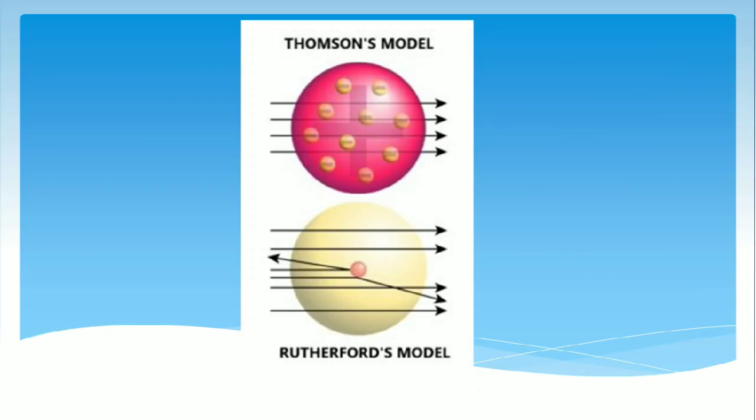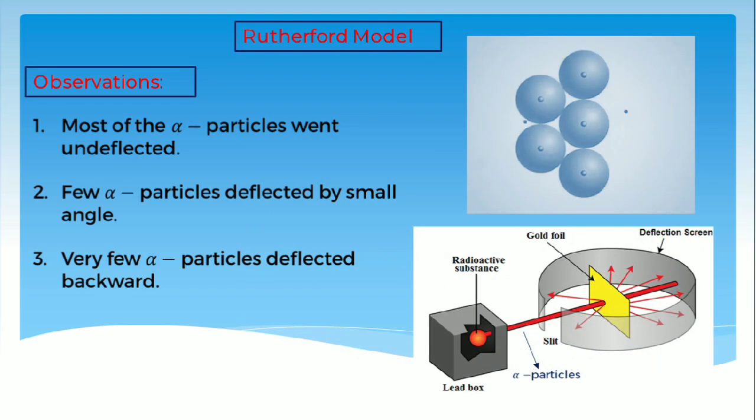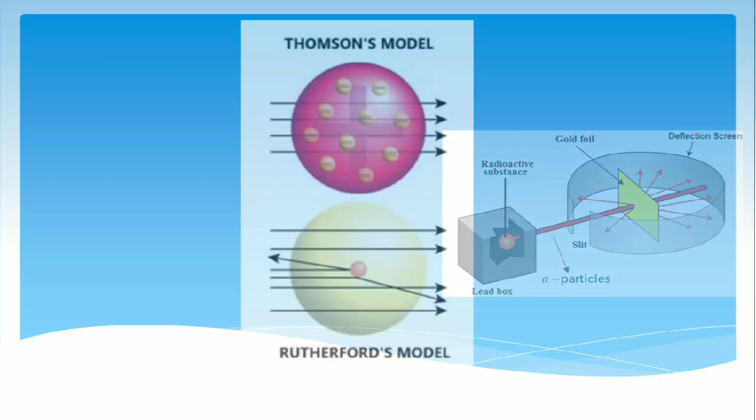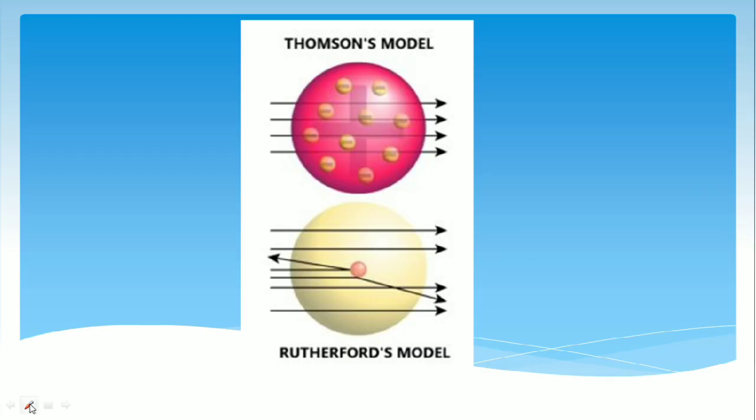So what conclusions did the Rutherford model give? The first one is the presence of the nucleus, a tiny central region called the nucleus. The second one is positive charge.